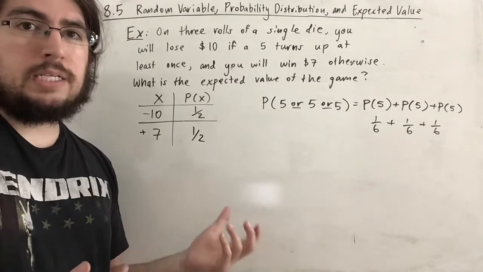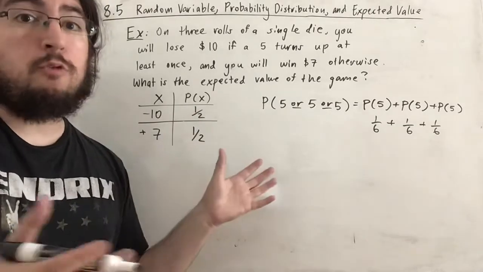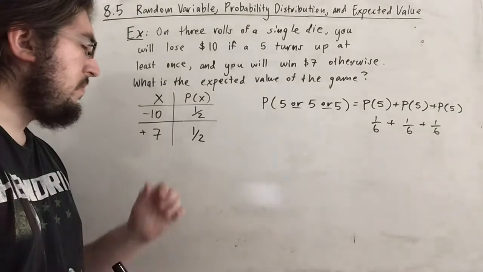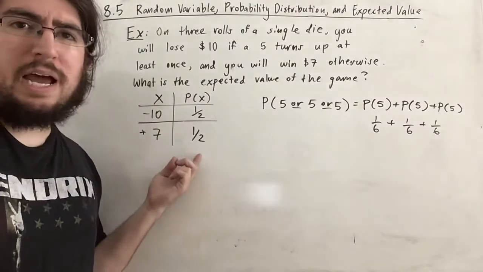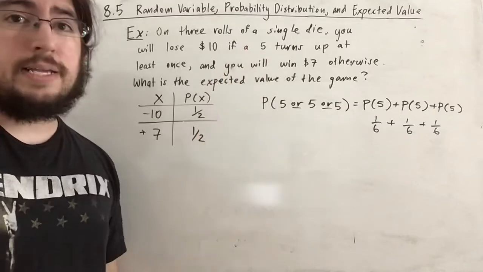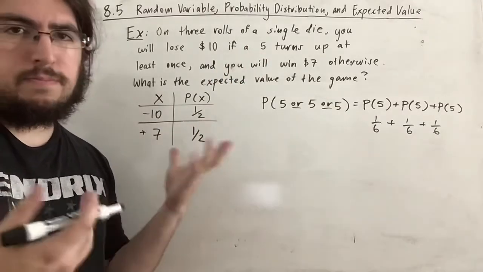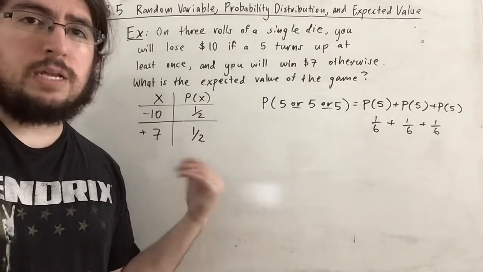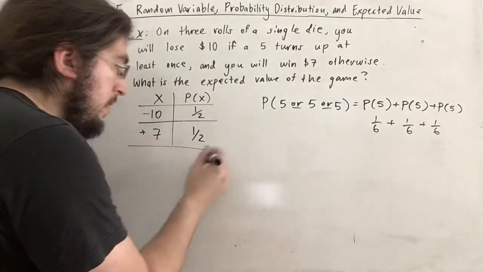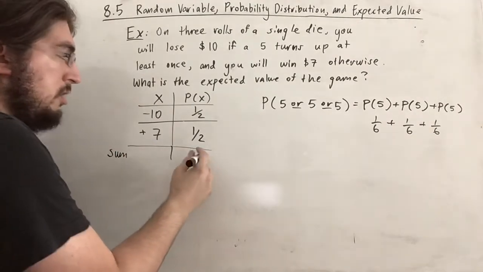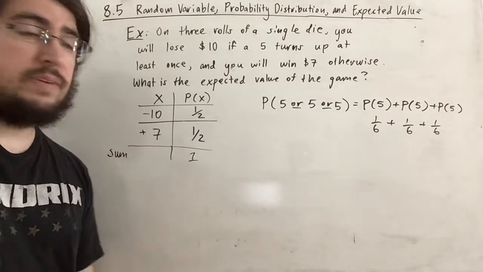So in total, it actually has a 50% chance of occurring overall, which is kind of funny when you think about it. So of course, how did I know this has to be 1/2? Because first off, it says otherwise. So we know it has to be the complement of it. By complement, I just mean the amount that you need to add to 1, because remember, the sum for these probabilities is always 1. So if one's 1/2, the other one has to be 1/2 as well.